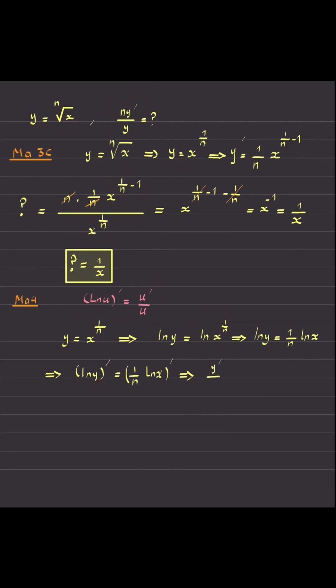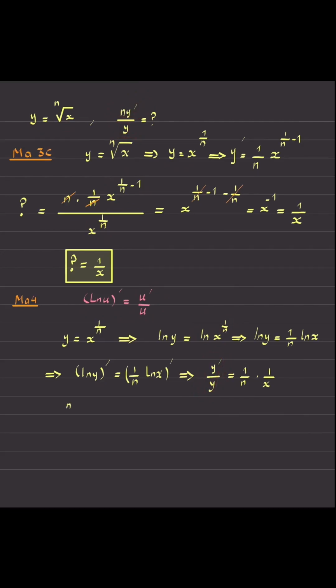And on the right hand side, 1 over n is a multiplicative constant, so I pull it out and I differentiate ln of x. But we know that the derivative of ln of x is simply 1 over x. Now my question mark is ny prime over y. I have only y prime over y, so it motivates me to multiply both sides by n.